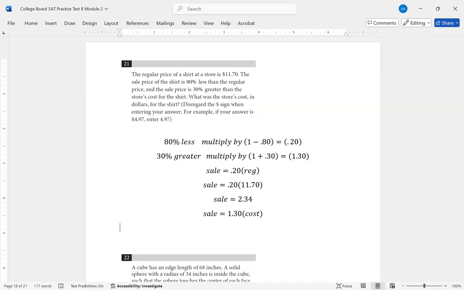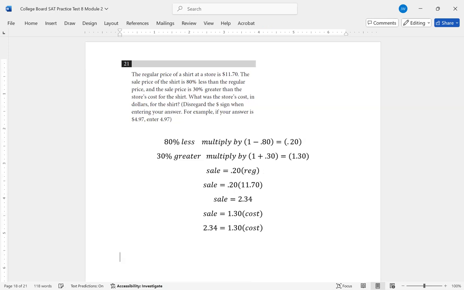But I know that the sale price is 1.30 times the cost. So I just replace the sale price with $2.34 and set that equal to 1.30 multiplied times the cost. Solving this would force me to divide both sides by 1.30.